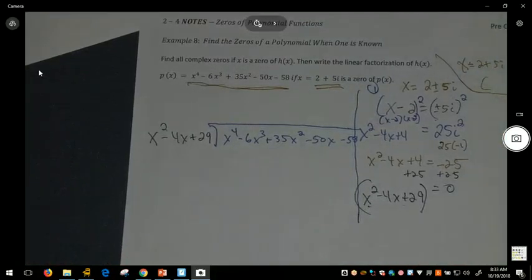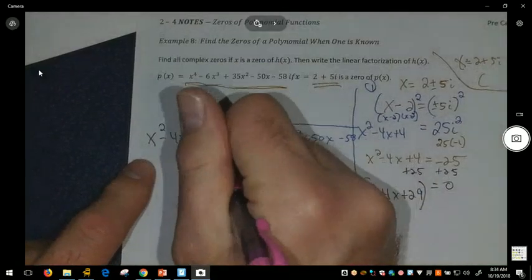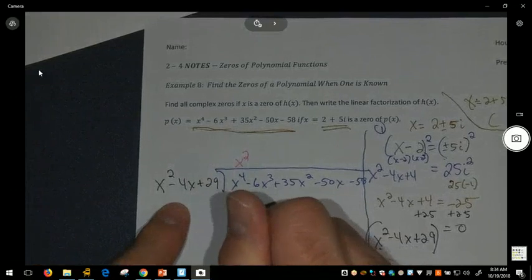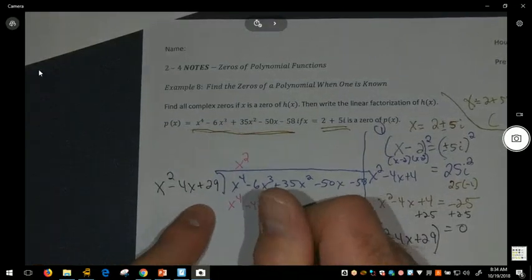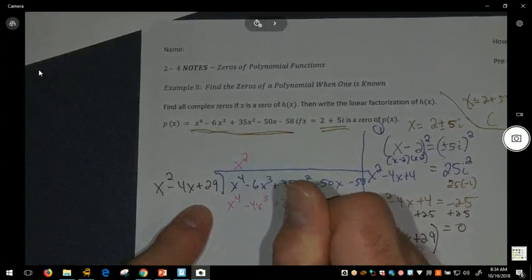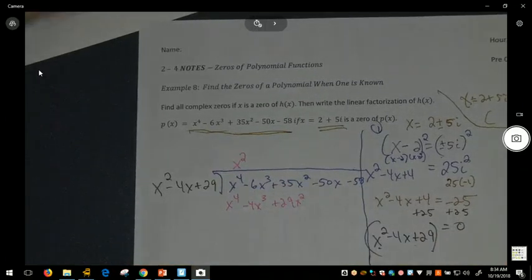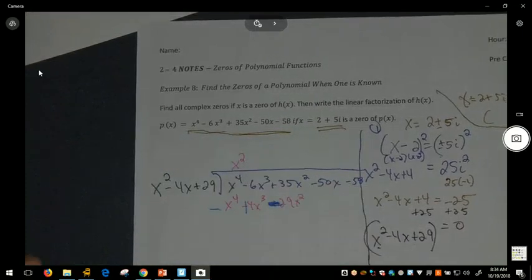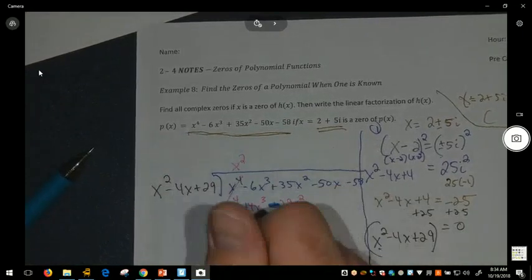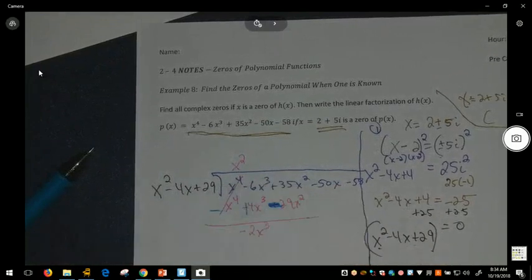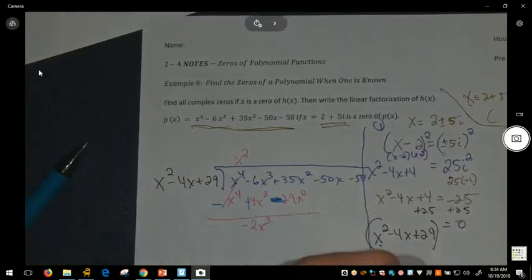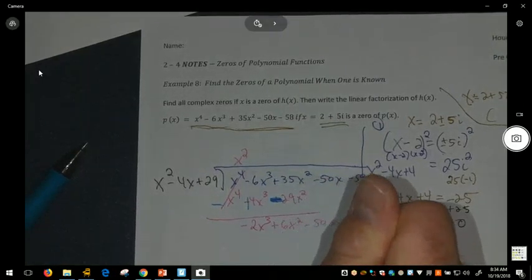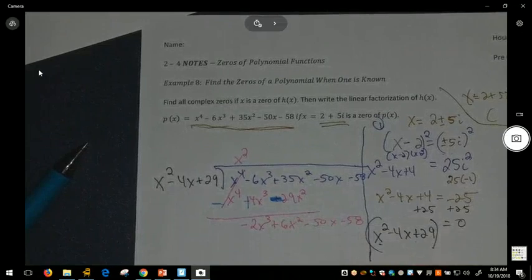away. x squared times x squared gives us x to the 4th. x squared times negative 4 gives us negative 4x cubed, and positive 29x squared. I'm going to have to change the signs on every term, giving me negative 2x cubed plus 6x squared minus 50x minus 58 when I bring down those last terms.